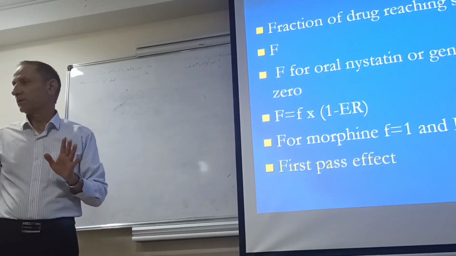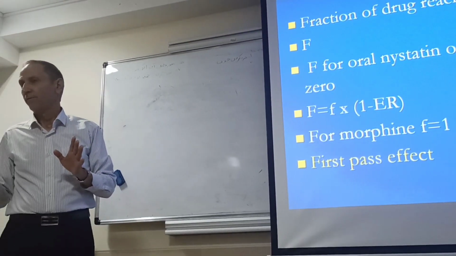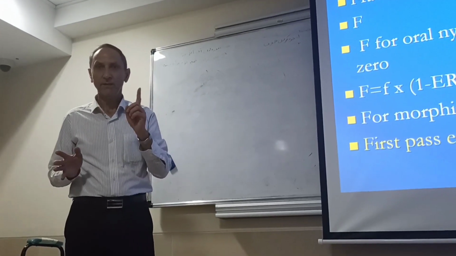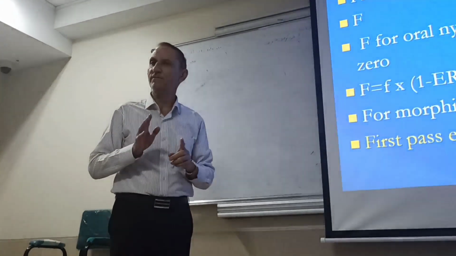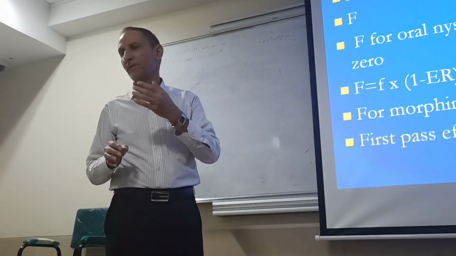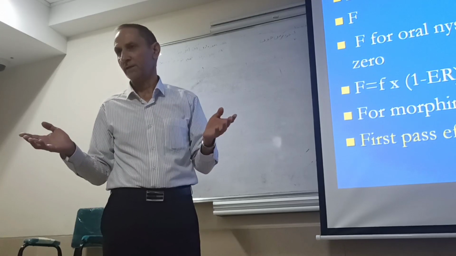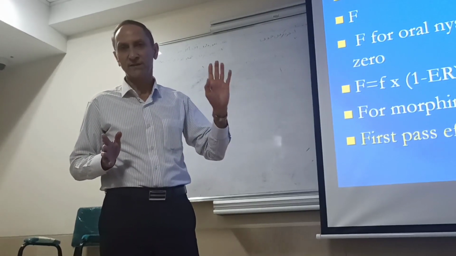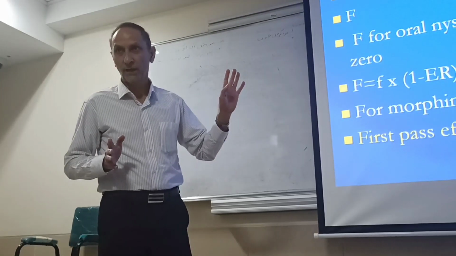For some drugs, like testosterone, we have complete absorption after oral administration, but the metabolism is very high. Almost all drug that reaches the liver is metabolized. So again, bioavailability is almost zero for testosterone.